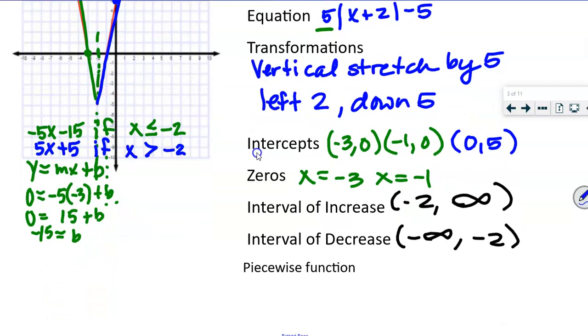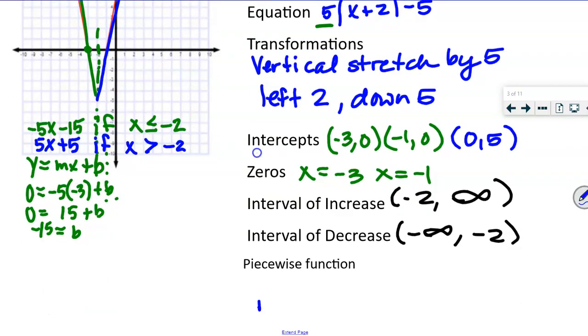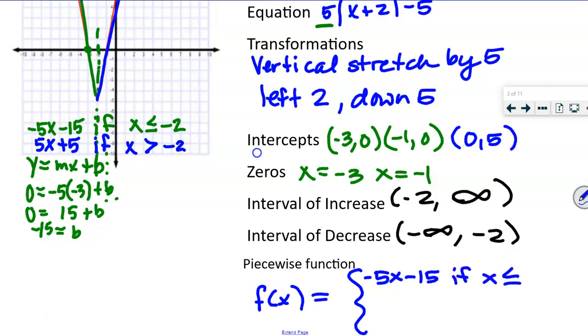So when we write this piecewise function, it's going to be f of x equals -5x minus 15 if x is less than or equal to -2, and then 5x plus 5 if x is greater than -2.